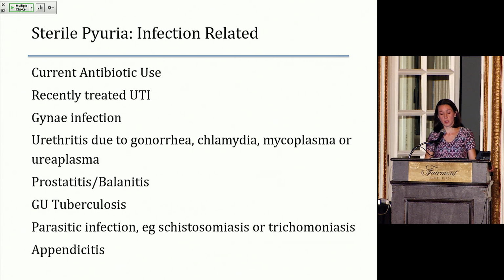Prostatitis is one where you can get caught out if you don't have it on your list of differential diagnoses. Tuberculosis and parasitic infections can be important in the right clinical setting. And then obviously appendicitis, particularly where you have a pelvic appendix that may be abutting the bladder. You can get cystitis and white cells in the urine related to acute appendicitis.